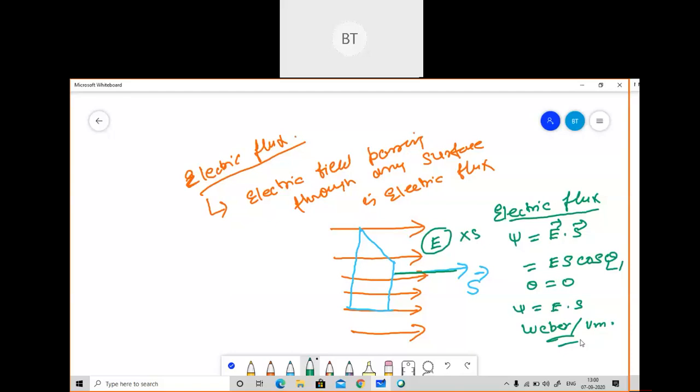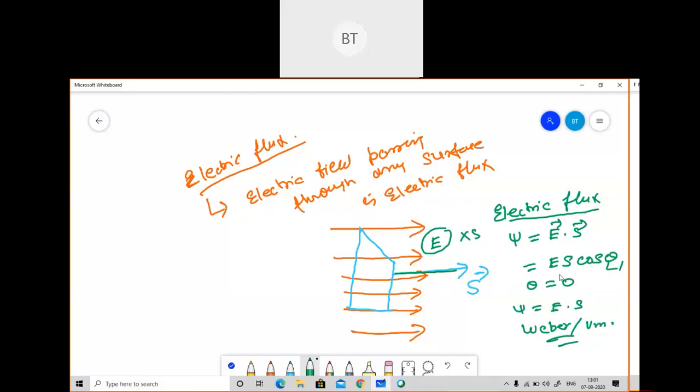I have taken one uniform electric field and placed a surface in it, and since the surface is perpendicular to the electric field, its direction is the same as that of the field. How to calculate the electric flux in this case? Since flux equals E dot S, I have written E S cos theta.